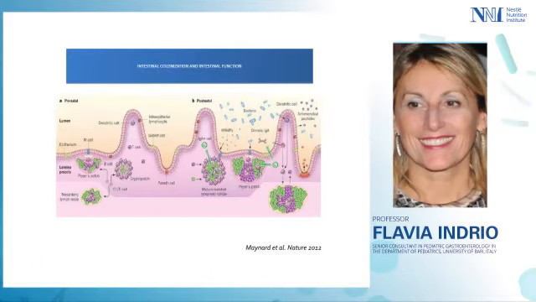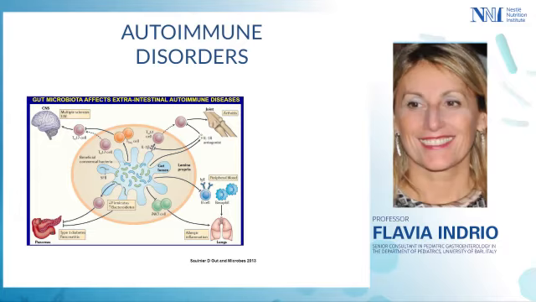If this is dysregulated, then the start of the process of autoimmunity can begin, because the lymphocytes, the dendritic cells, all the cells of the immune system start to produce pro-inflammatory interleukin, and this can have a detrimental effect on the brain, creating multiple sclerosis, on the joint, creating arthritis, pancreatitis, all the process of autoimmune disorder.